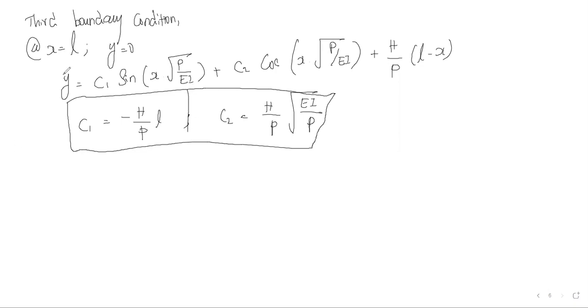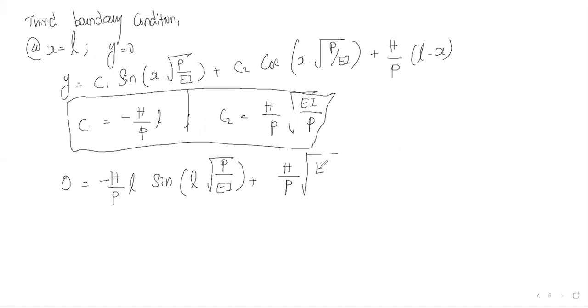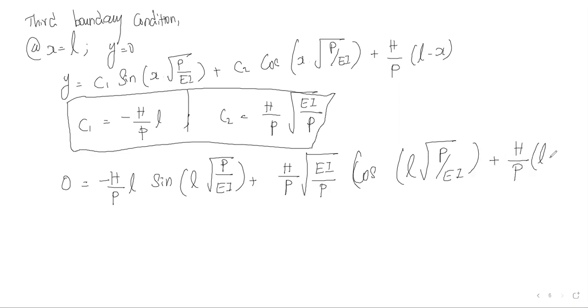The above equation, so x equal to L, y is equal to 0. So y equal to 0: C1, minus H by P into L, into sin L root under P by EI, plus C2, H by P into root under EI by P, into cos L root under P by EI, plus H by P into L minus x, where x is equal to L. So this term becomes 0.